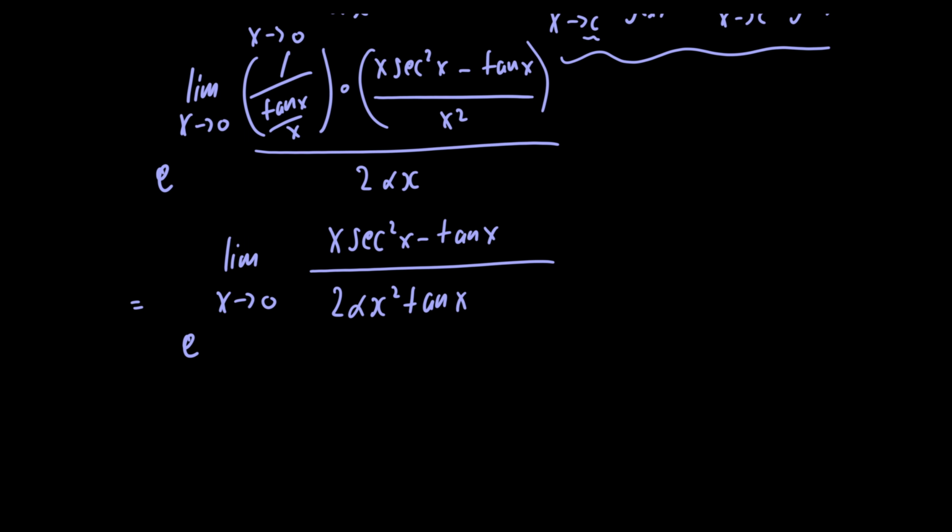Now, if we were to just let x go to 0, in the numerator we would have 0 minus 0, which is of course equal to 0, and in the denominator we would just have 0. So our limit is of indeterminate form 0 over 0, and we can apply L'Hopital's rule again to try and solve it.